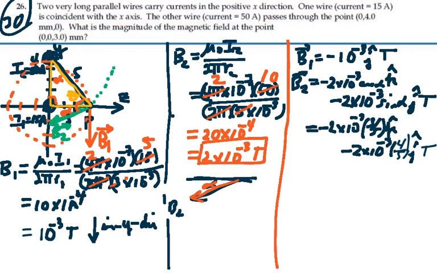I'm sorry, the cosine of alpha is actually 4/5, and the sine of alpha is actually 3/5 as we look at that triangle. So this is going to be equal to negative 1.2 times 10 to the minus 3 j, minus 1.6 times 10 to the minus 3 k.